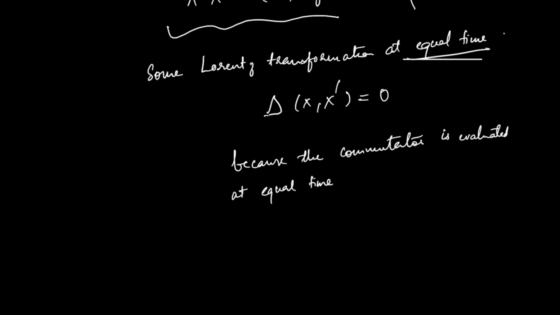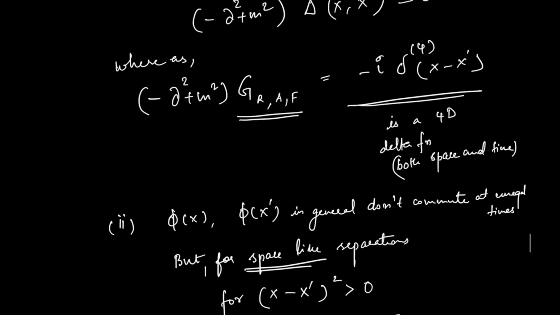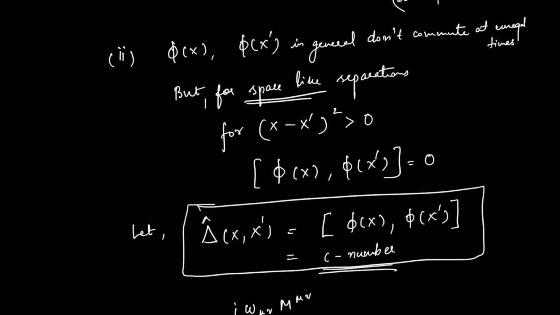This is very intuitive, but it is a precise proof for the statement. So what was our statement? Phi of x and phi of x prime in general do not commute at unequal times, but for space like separations they do commute.